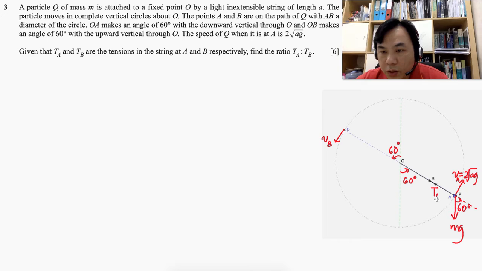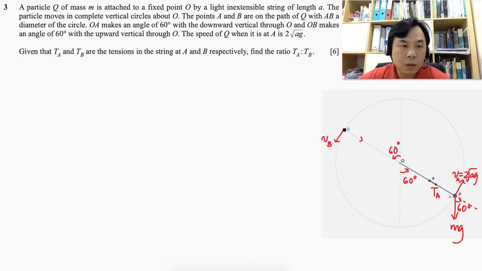So we have a tension at position A, and then we will also have a tension when the particle reaches this section here. It has a tension acting towards the center, which we label as T_B. At the same time, it has a weight component, also mg.